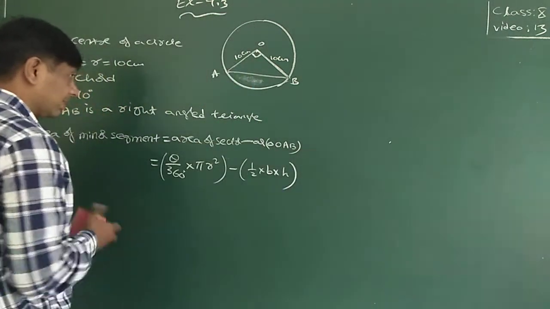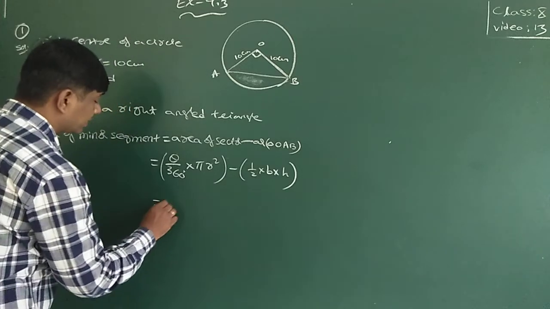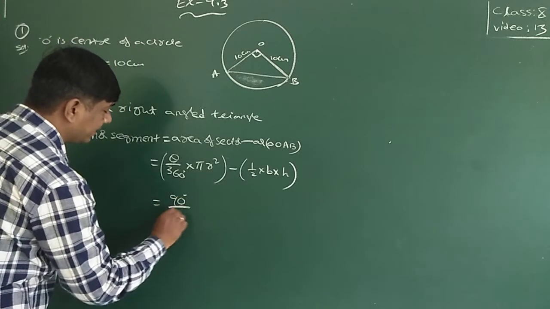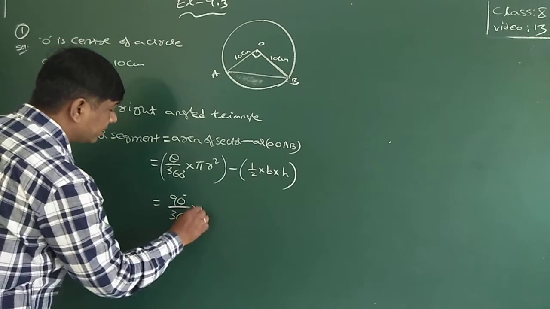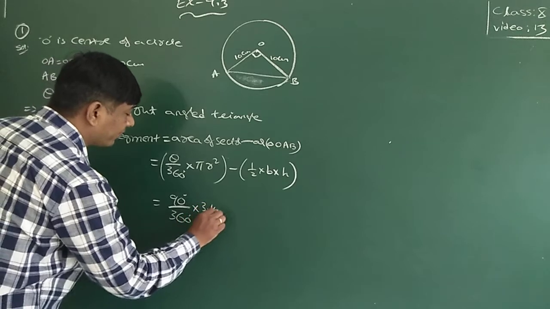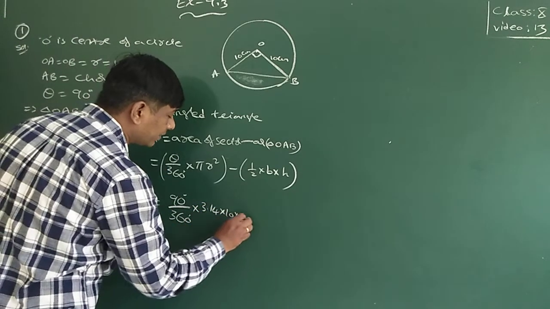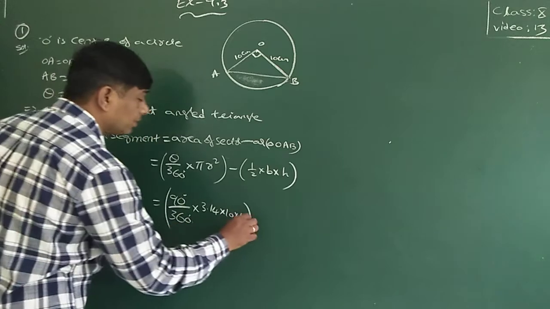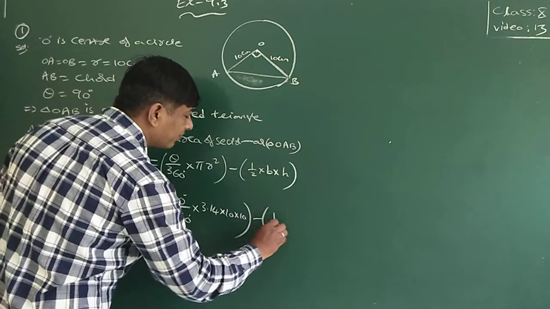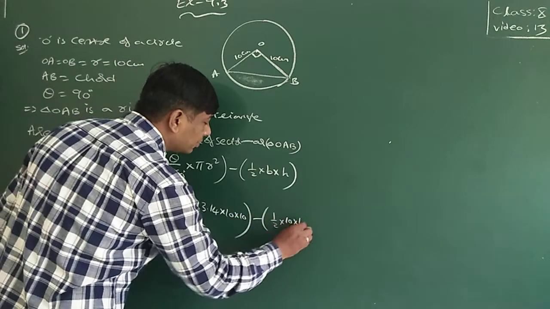So theta is 90 degrees by 360 degrees into 3.14 into 10 into 10, minus 1 by 2 into 10 into 10.